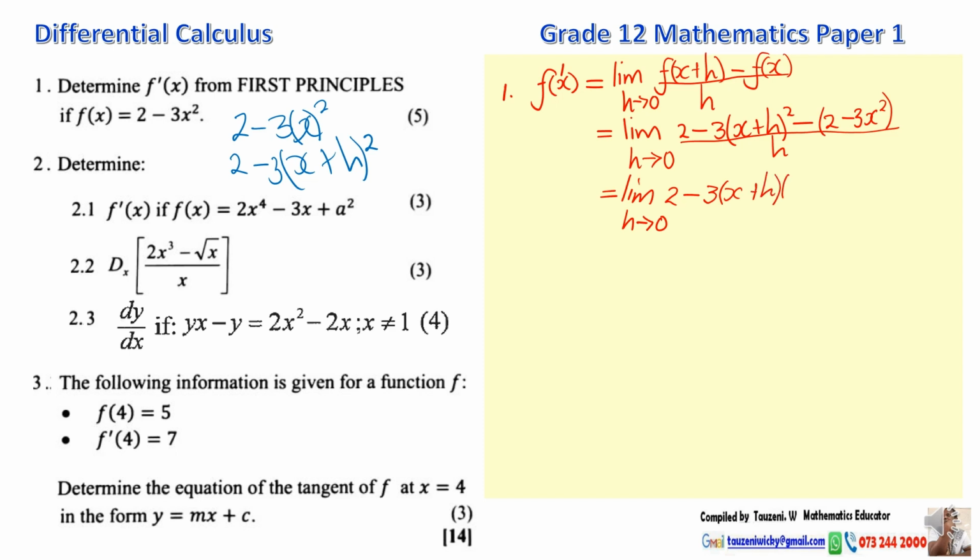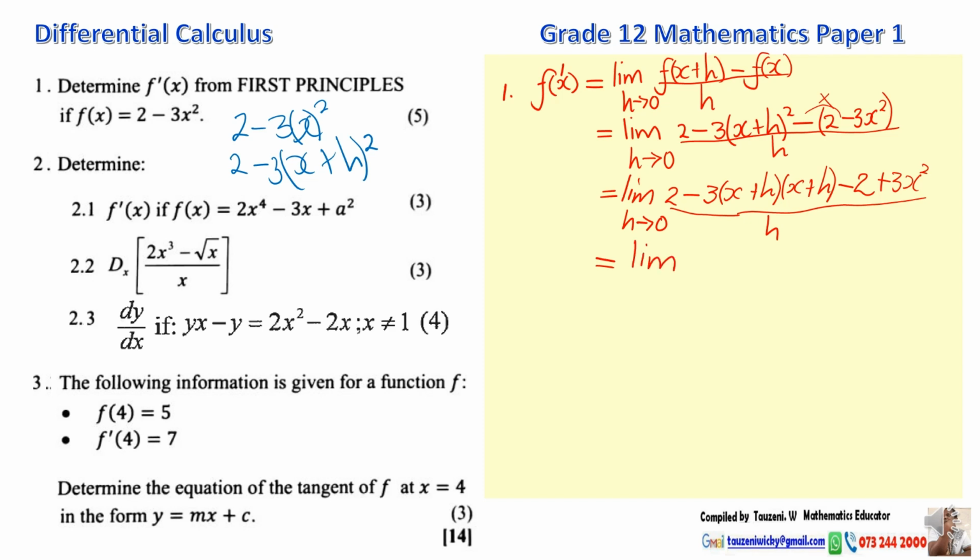So x plus h squared means x plus h multiplied by another x plus h. Then in the second part, when I remove those brackets, notice that the 2 becomes negative and the 3x squared is going to be positive, because the negative and the negative make a positive 3x squared. When I remove these brackets, I first make sure that I do the multiplication before the subtraction.